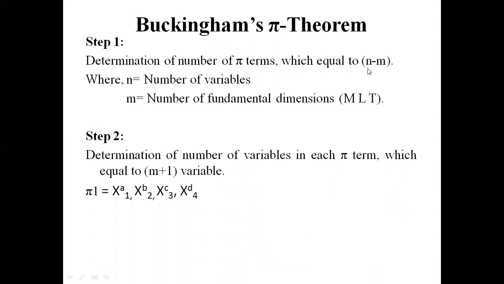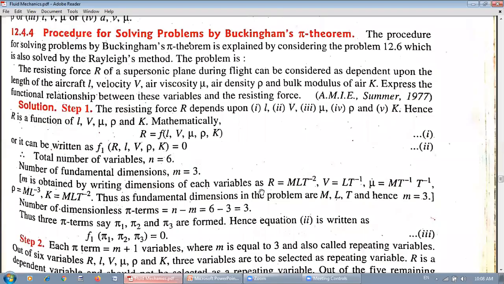There are n minus m pi terms, where n is the number of variables, which may be dependent or independent variables, and m is the number of fundamental dimensions, which remains constant and equals 3, that is m, l and t. Simultaneously we will go with the numerical. You can read the numerical.